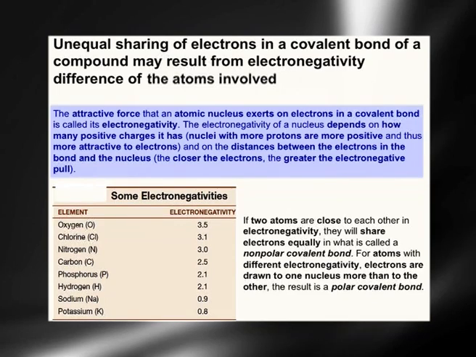Okay, and that attractive force is called electronegativity. Now, more the positive charge of the nucleus, depending on the number of protons, more will be the attractive force, or less the distance between the positively charged nucleus and the bonded electron pair, more will be the attractive force.